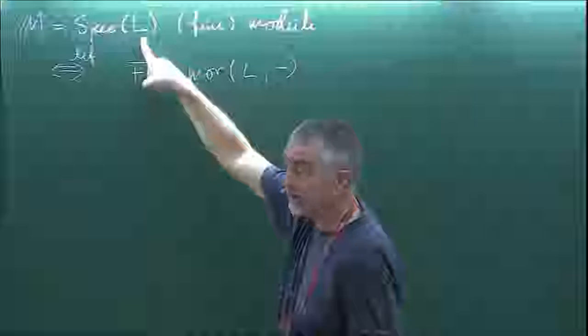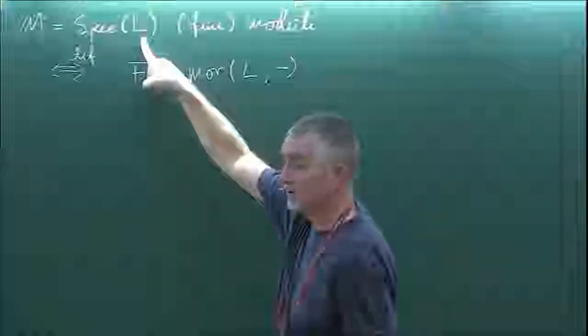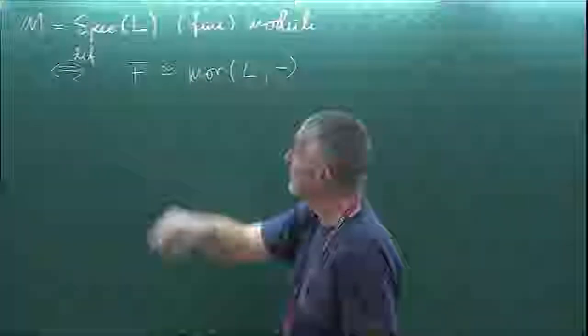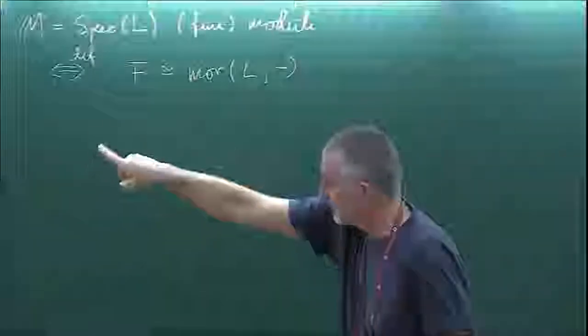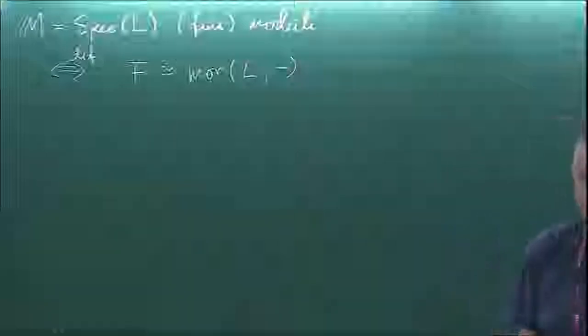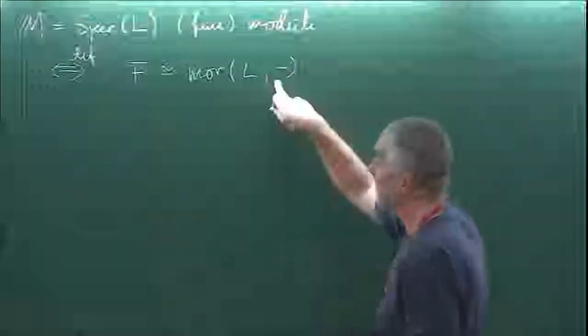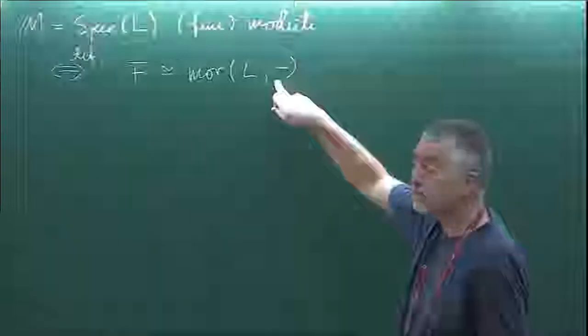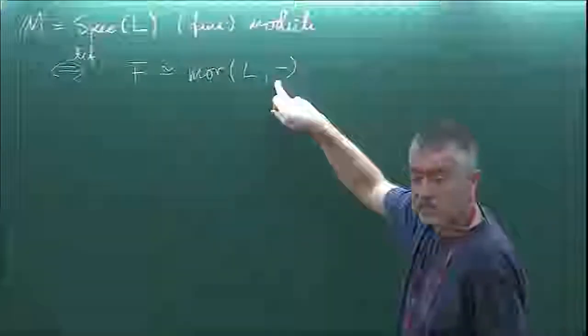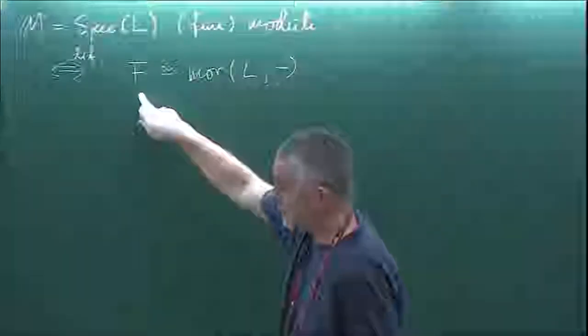M is called the moduli scheme for A modules if this functor parameterizing A modules F is isomorphic to the algebra functor. Yes, and we know that when we put in K, we get all the maximal ideals.